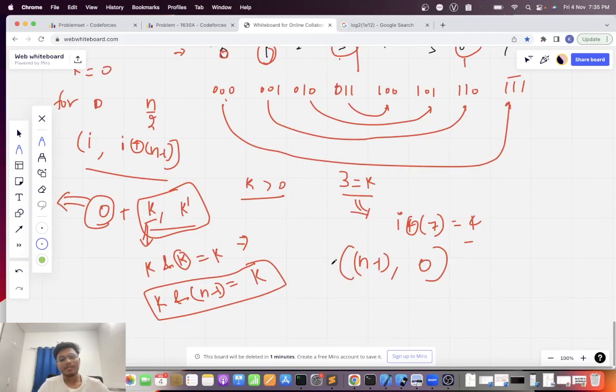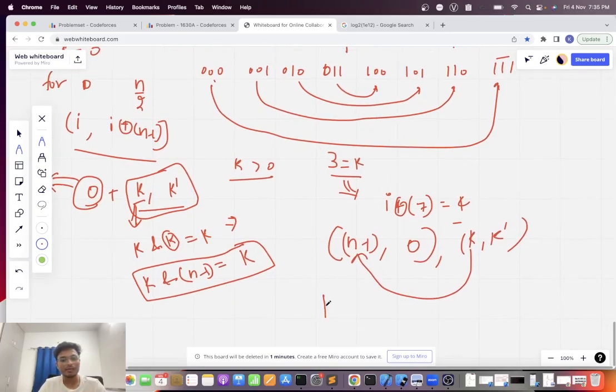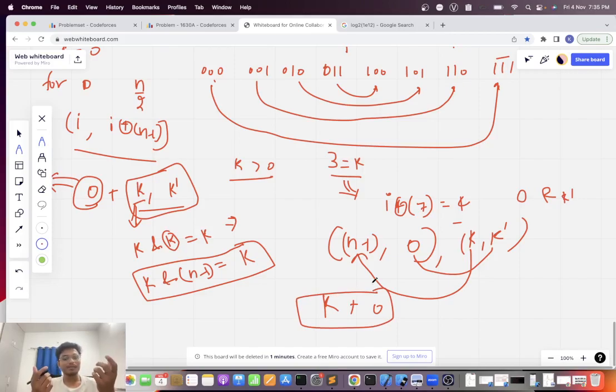I am taking out this pair, and I have pair k and k dash. I am pairing k with n minus 1, so I am getting value k. And if I am pairing up these two, then 0 and some k dash will always be 0, so that's not a problem. So I'm getting the value k. So what I'm doing is I'm just applying the AND operator with 0 and n minus 1.